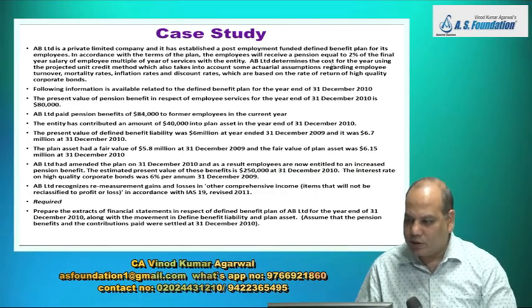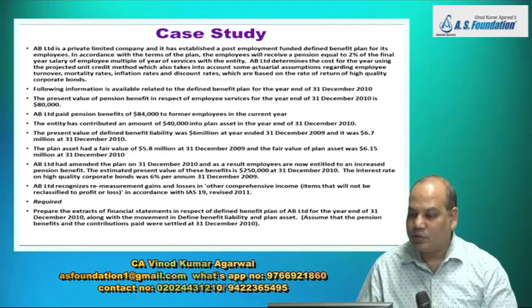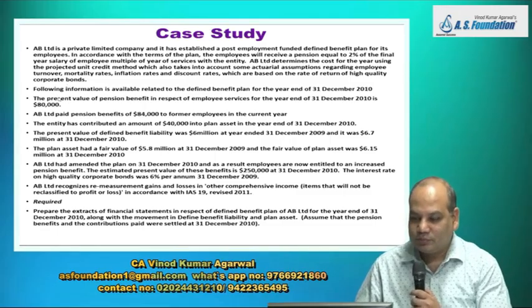AB Limited determines the cost of the year using PUC method, which also takes into account some actuarial assumptions regarding the employee turnover, mortality rate, inflation rate, discount rate, which are based on the rate of return on high quality corporate bond. So what is the use of the first paragraph? No use for accounting purpose. It's only a defined benefit plan that you have understood.